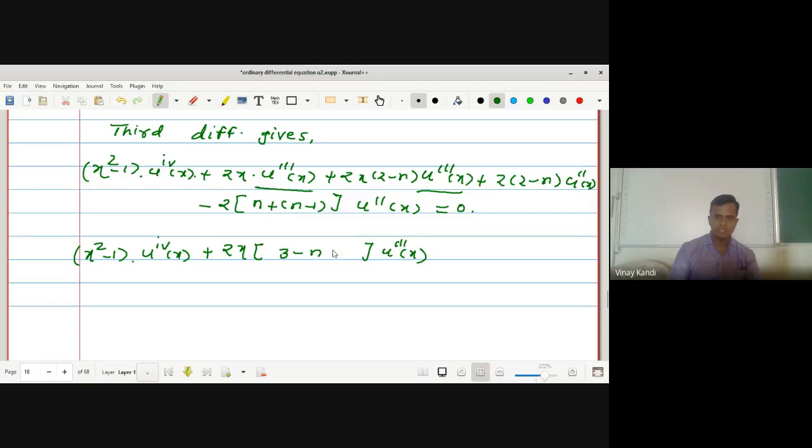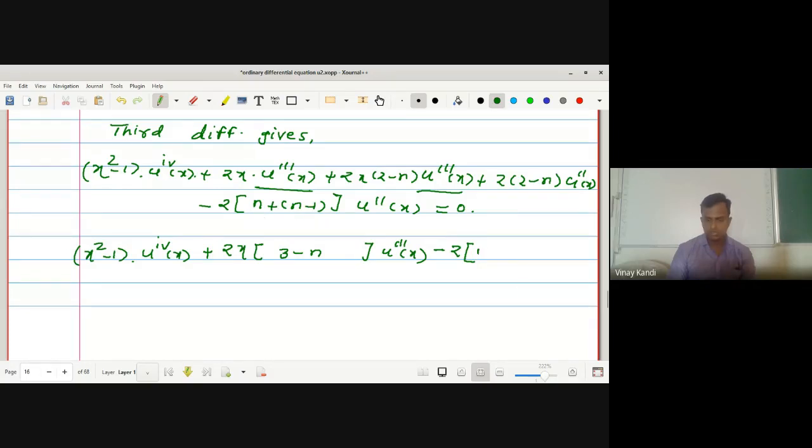This is 3 minus n into u triple dash of x minus, taking 2 common and u double dash of x is common, 2 into bracket, what remains?